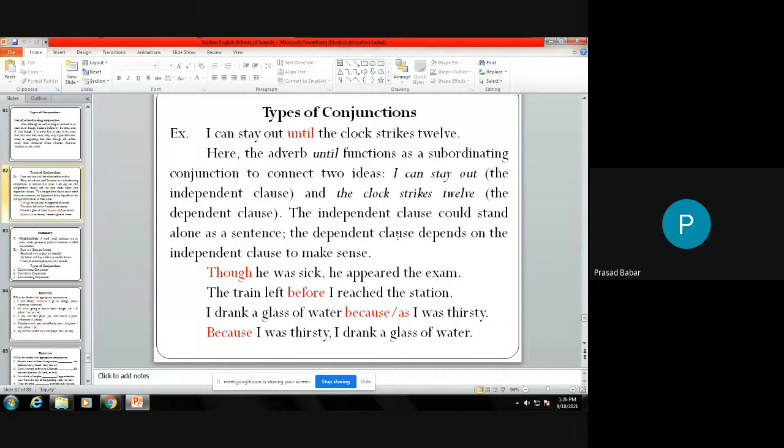So here I drank a glass of water is a subordinate clause. Why is it? Because it is not getting meaning. Okay, and why is it not getting meaning? Because after the water, because or as I was thirsty is the reason behind its drinking of water. Okay, that is why it is the subordinate clause, and I was thirsty is the main clause.